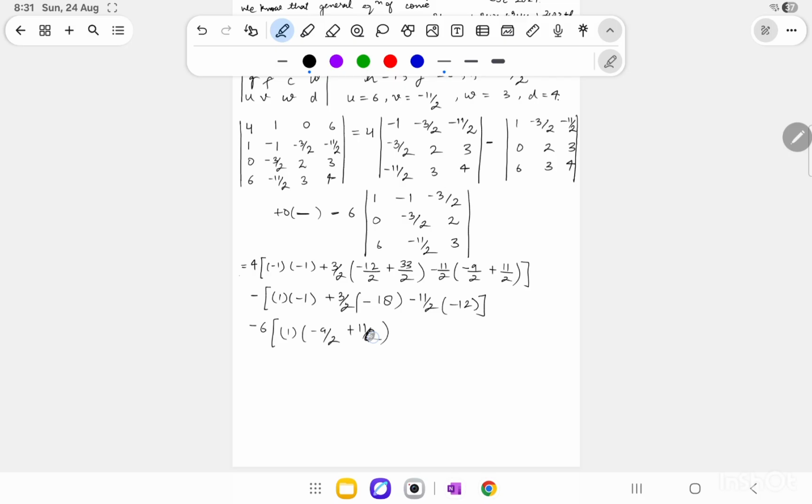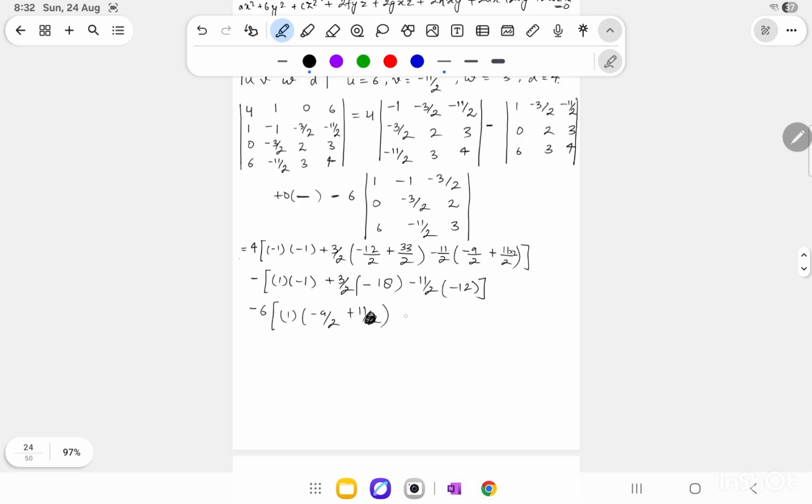Plus 11 only, it will be 11, likewise earlier also it will be 11 here, plus 1 into 0 minus 12, minus 3 by 2 into 0 minus, it will be plus 9.